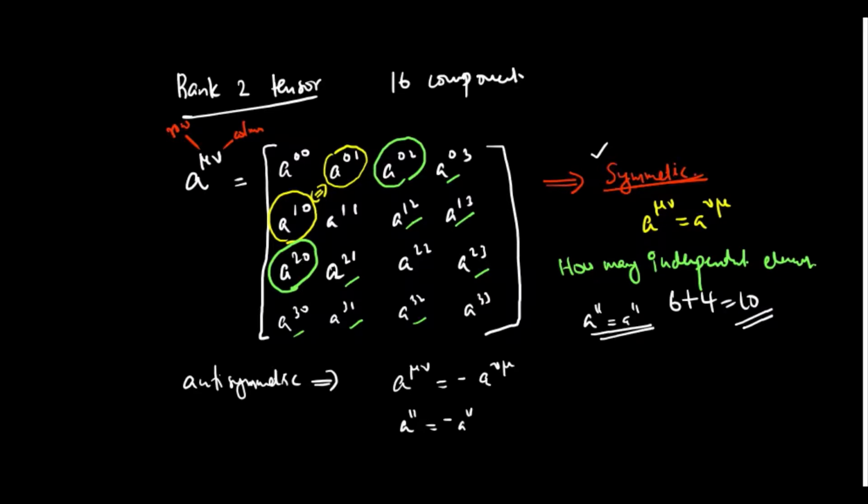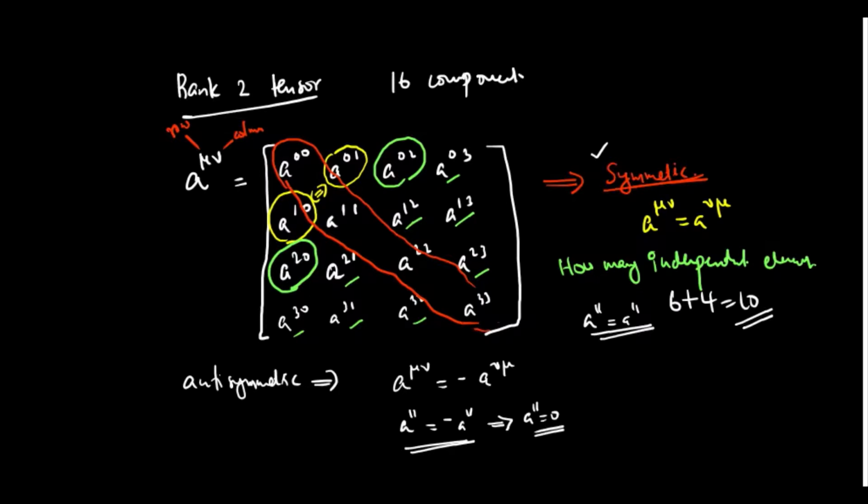Here A11 equal to minus A11 yields that A11 must be equal to 0, otherwise a quantity cannot be equal to its own negative. So the additional thing is that the diagonal elements are zeros.